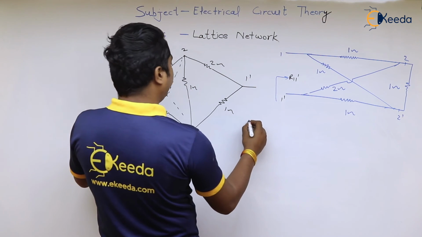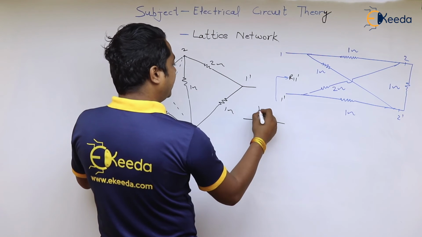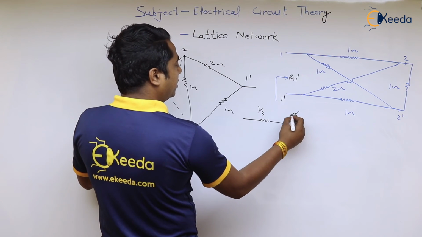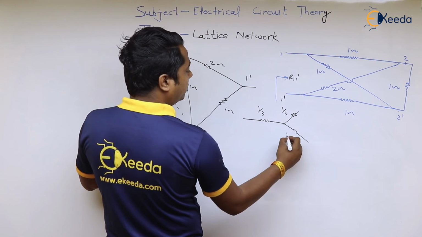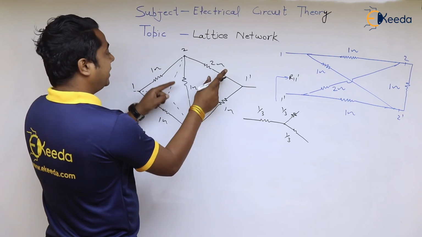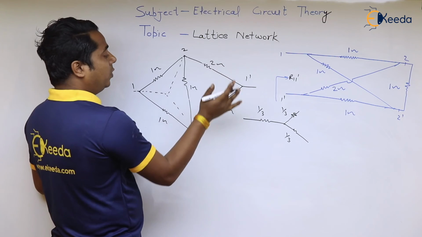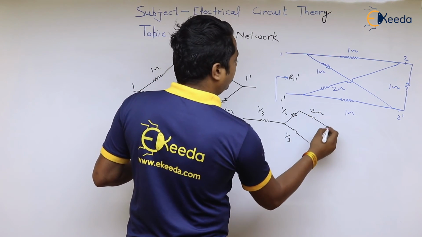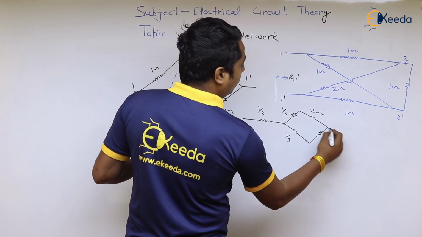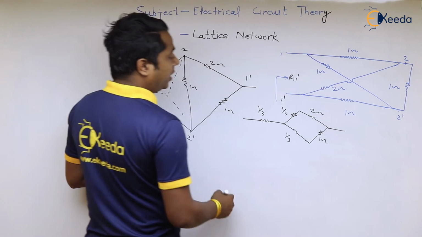So here this will be your 1 by 3, 1 by 3, and here it will also be 1 by 3, and it is connected to 2 ohm and 1 ohm correspondingly.